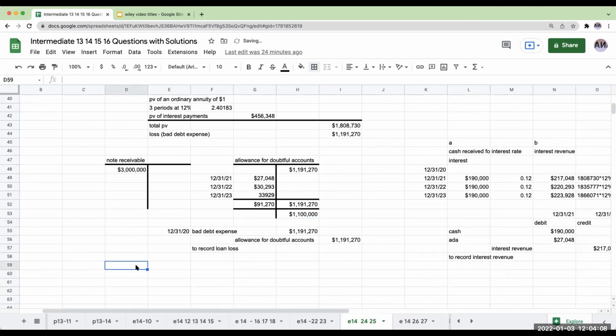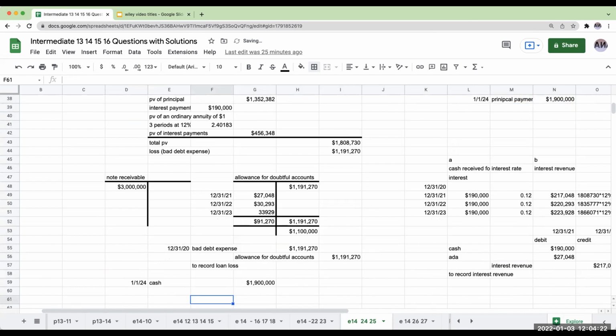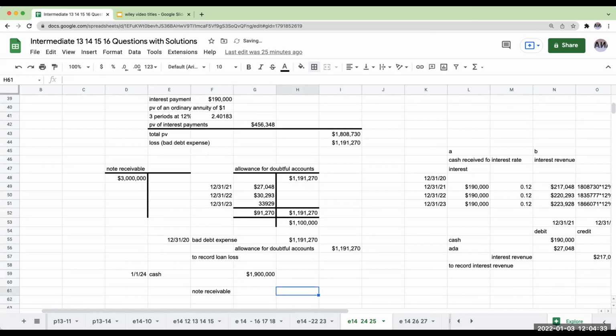Now I'm receiving the cash for the note on 1/1/24, 1.9 million, because that's how much I'm getting paid from Barclay. Once they pay it, I've got to get rid of this note receivable off of my books, so I credit it for 3 million. My entry does not balance. The remaining balance goes to my allowance for doubtful accounts, 1.1 million.